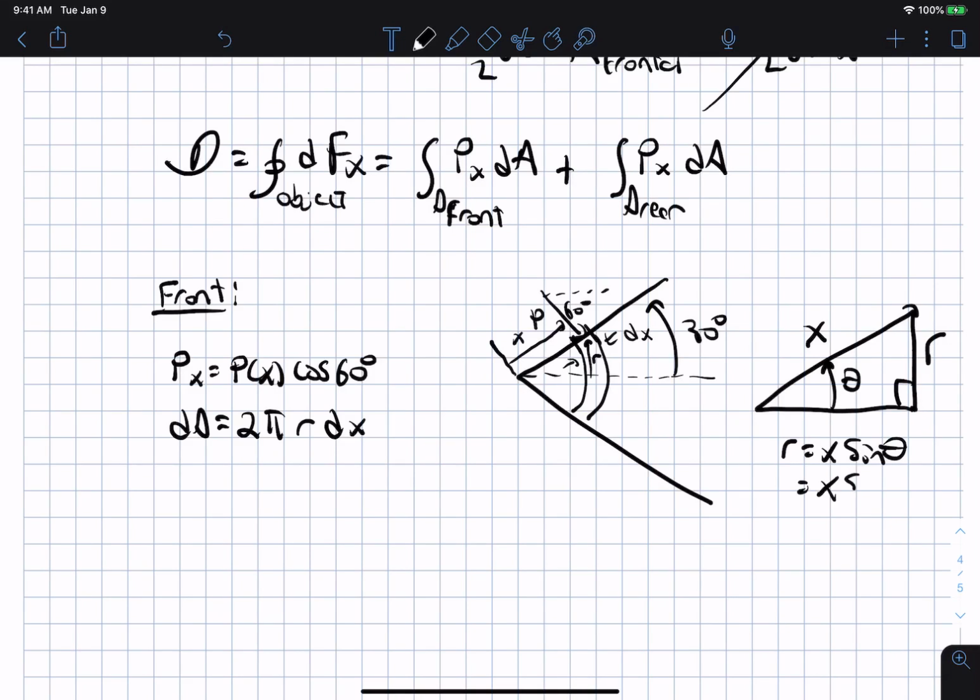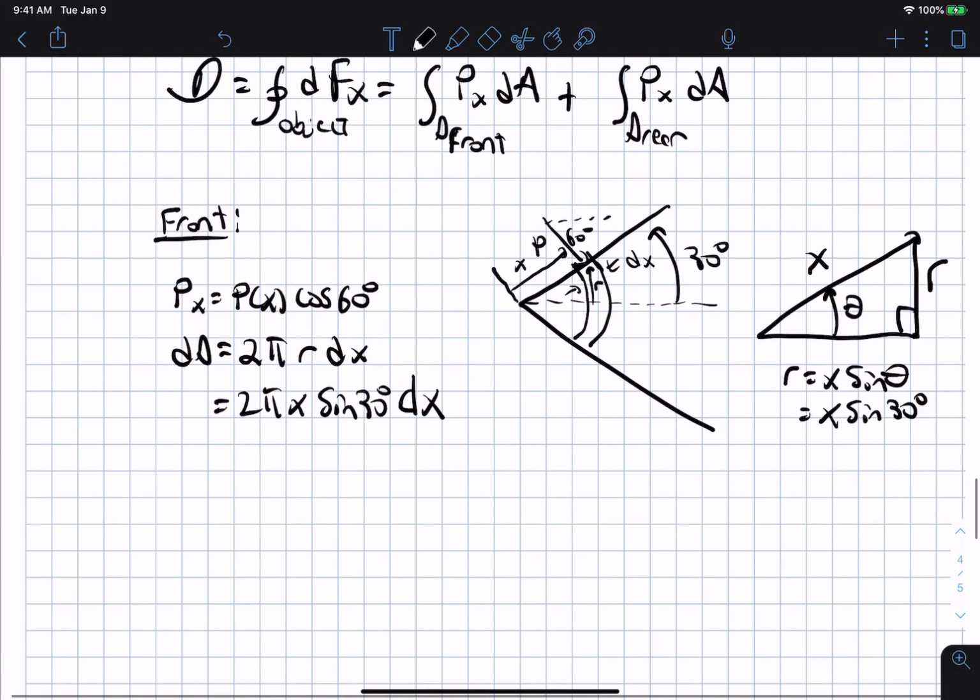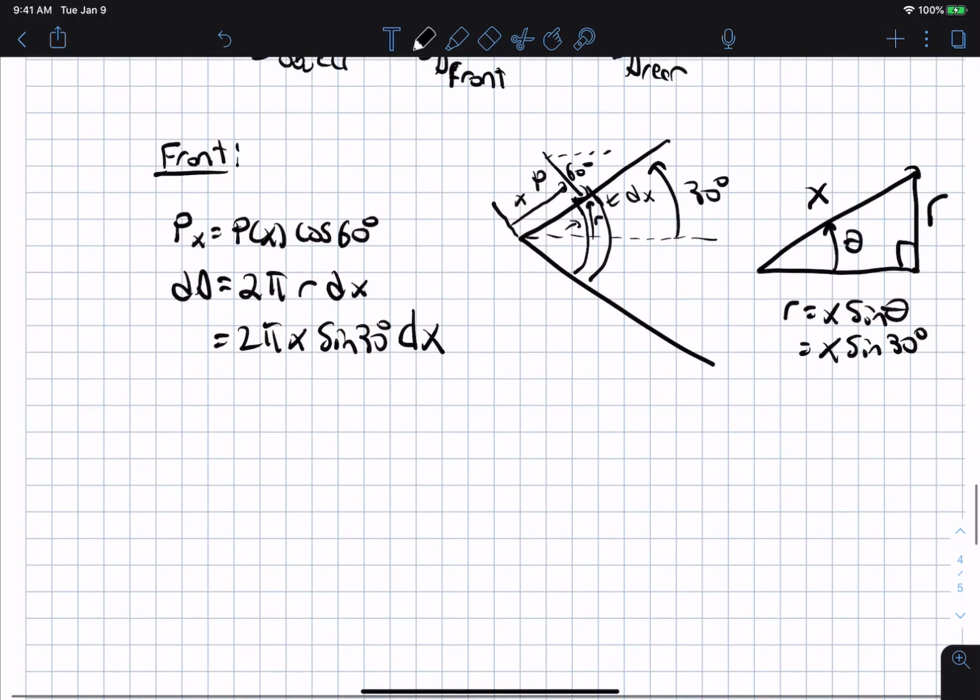And that equals x sine of 30 degrees. Okay? So dA equals 2 pi x sine 30 degrees dx.